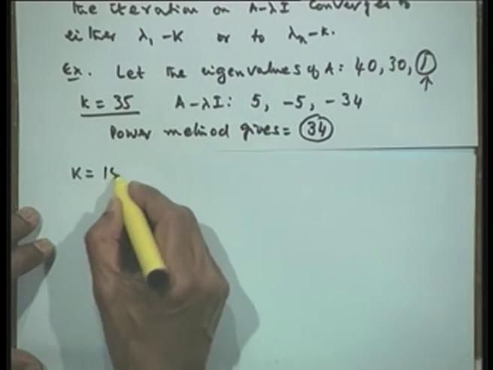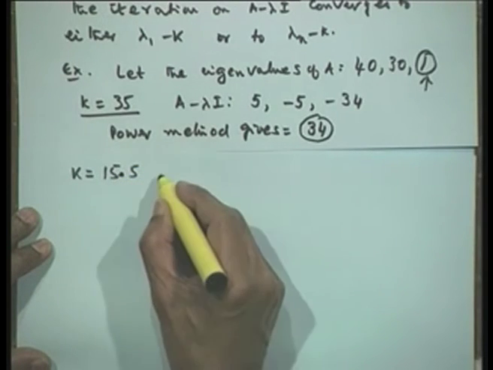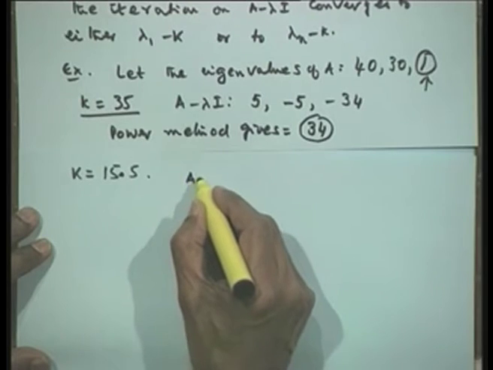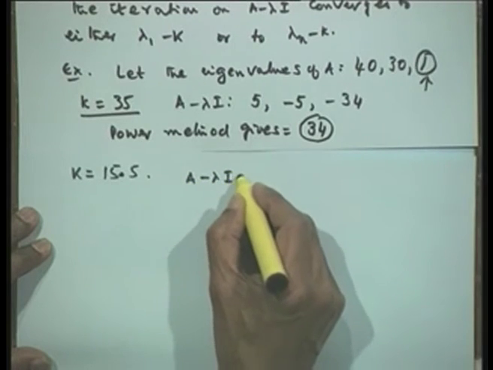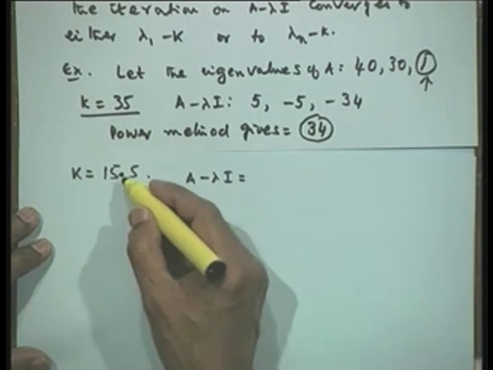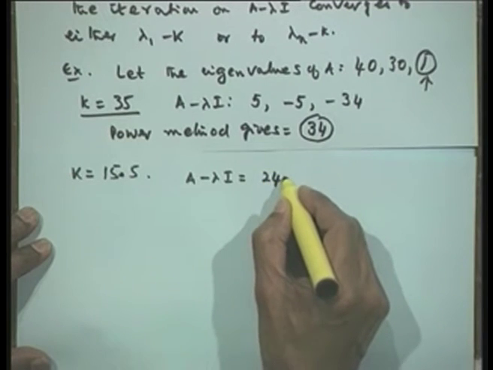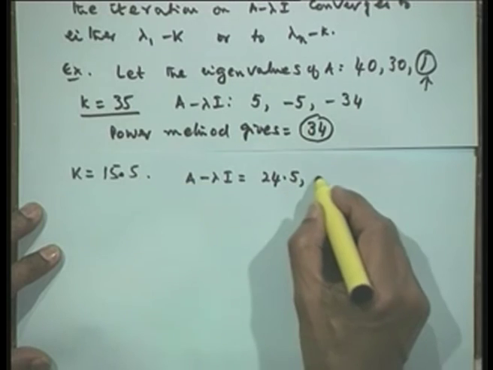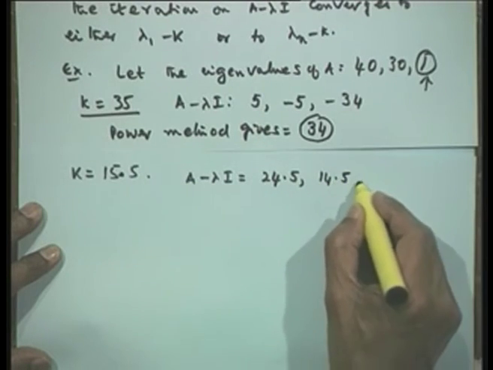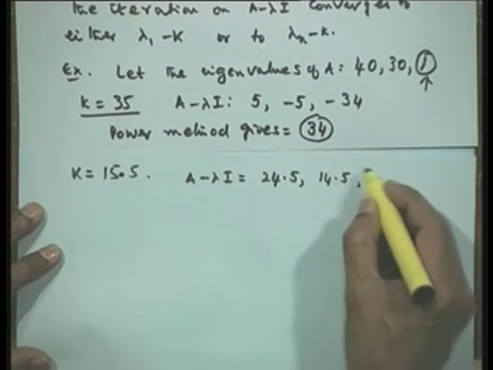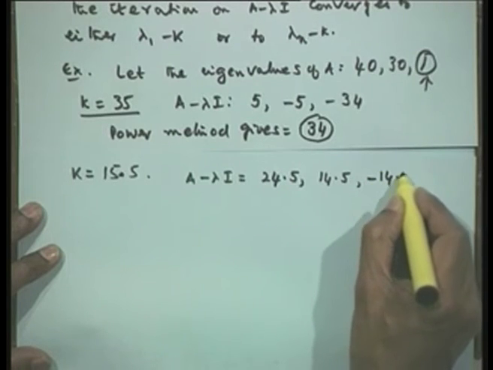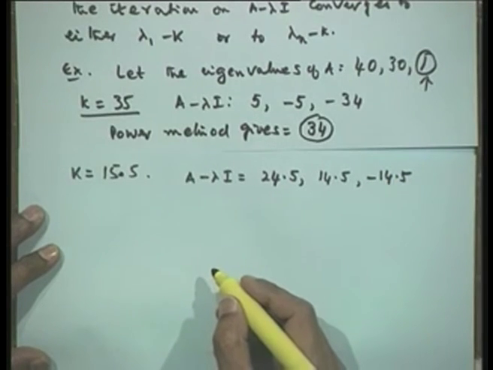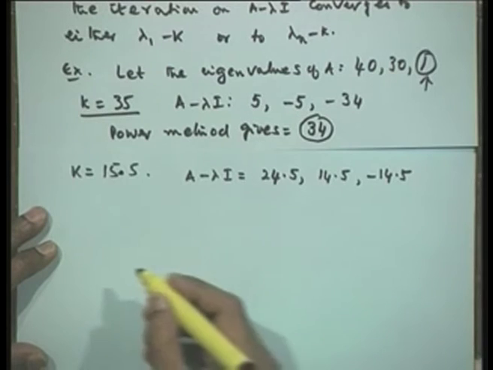Let us take k equal to 15.5. Then the eigenvalues of A minus k I will be 40 minus 15.5, that is 24.5, 30 minus 15.5, that is 14.5, and 1 minus 15.5, that is minus 14.5.